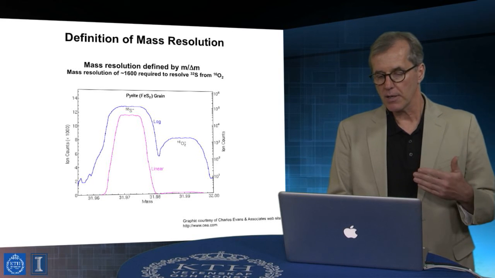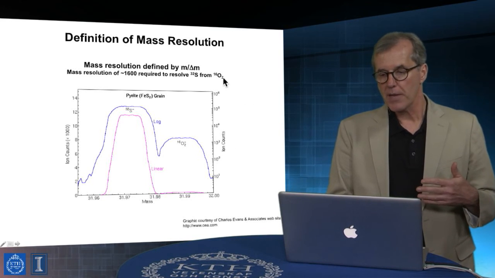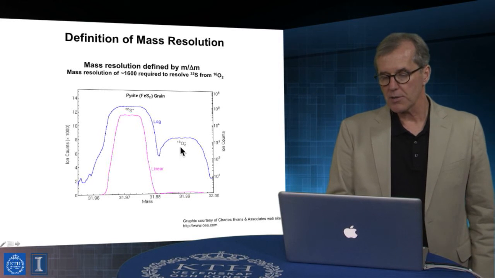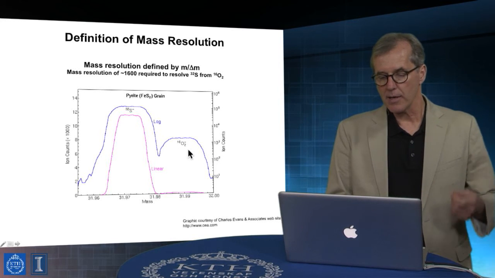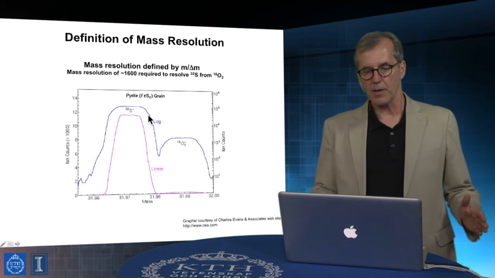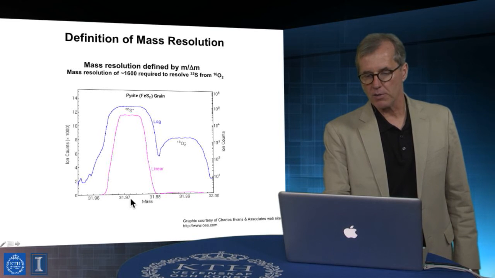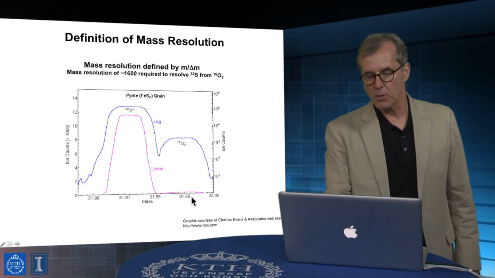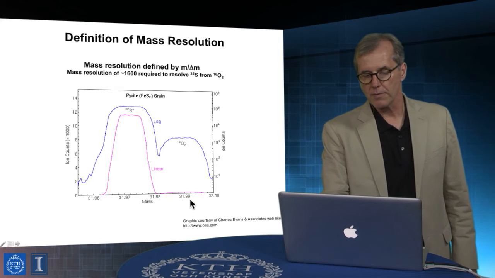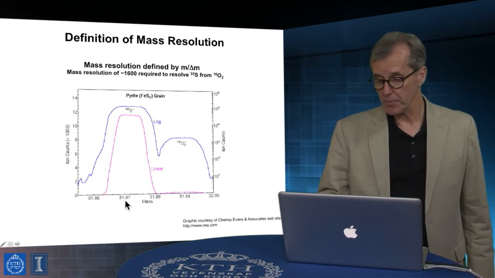There's actually an ion flux that's coming out of the sample that corresponds to the negative anion of diatomic oxygen, right? And you can see that the difference in mass here is very small, right? It's of the order of 2/100ths of an AMU, right?